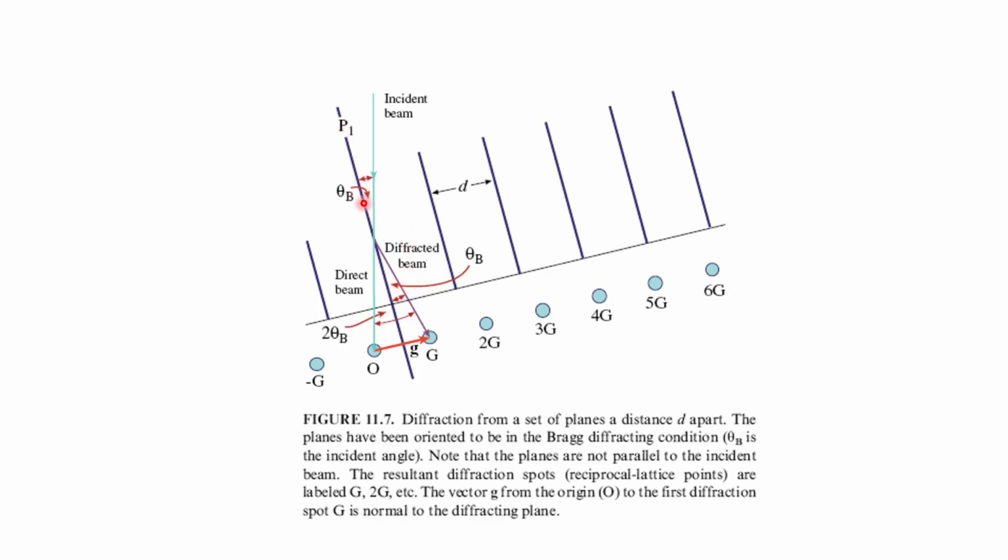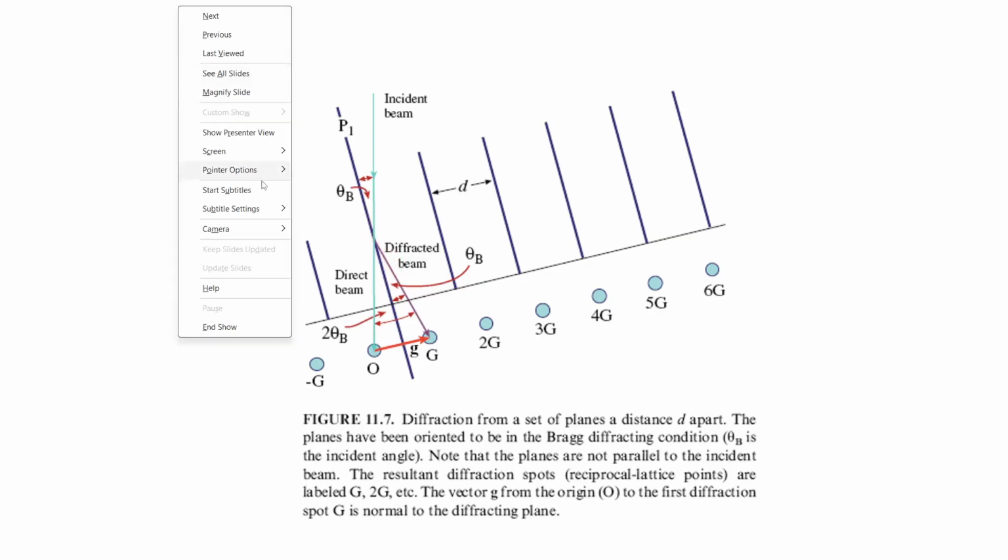So basically these blue lines are the set of your planes with the spacing d between them. If you have your incident beam, it will get scattered from the plane. I need to have a pen.